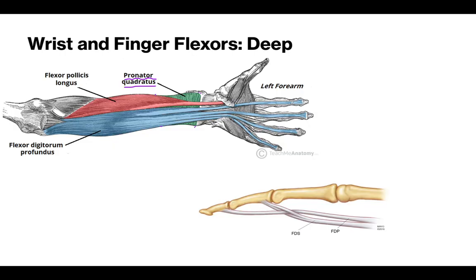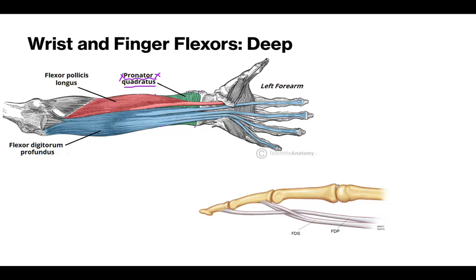So if you can't remember which bone it originates or inserts on, recognize pronator. That means it's going to pronate, it's going to move the radius. If it's moving the radius, that means it has to be inserting on the radius. So, pronator quadratus.